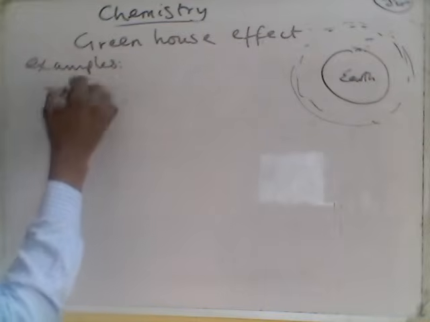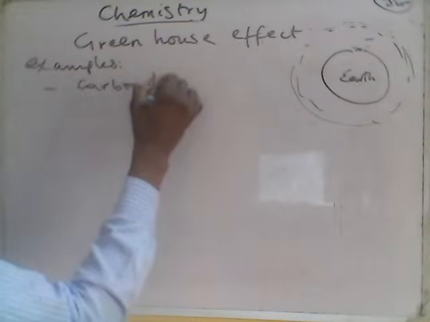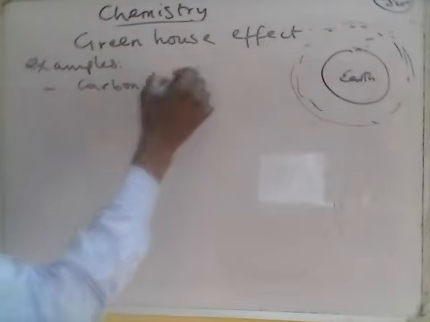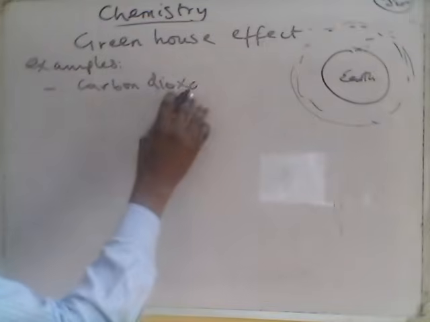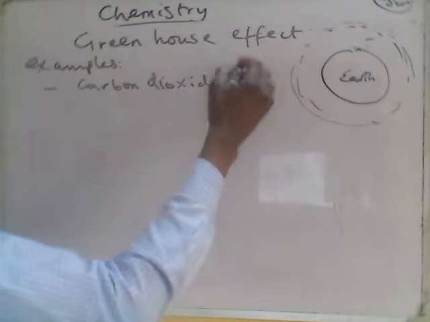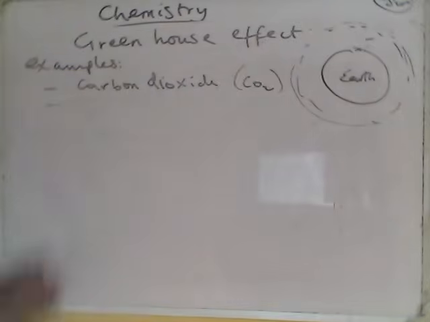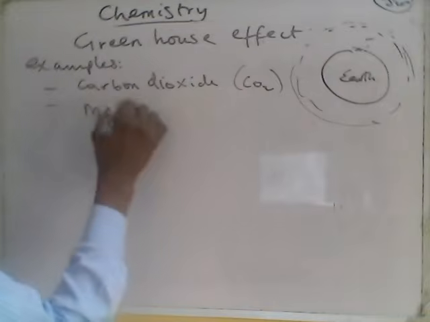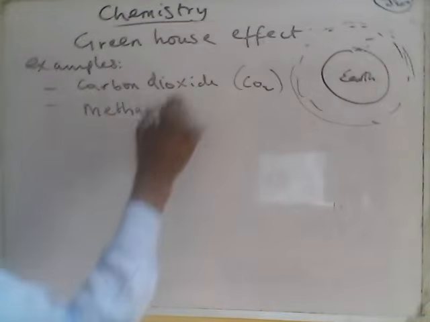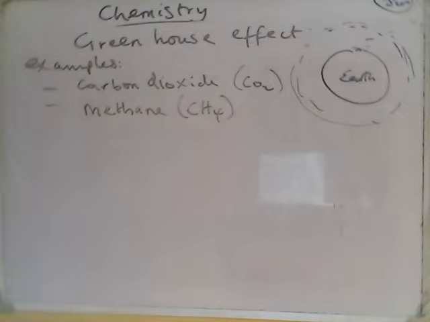Number one is carbon dioxide. And you agree with me that this is one of the waste products, one of the things that we take out, though somehow it's supposed to be balanced by being used by plants. So carbon dioxide is a gas that can cause greenhouse effect. Methane is a gas that can cause greenhouse effect. This one can be produced industrially from oil companies and the likes.